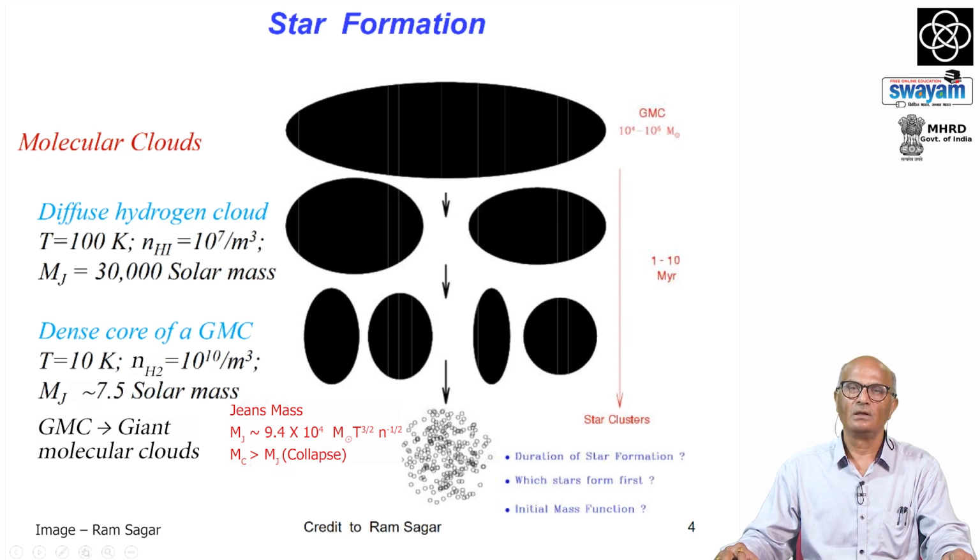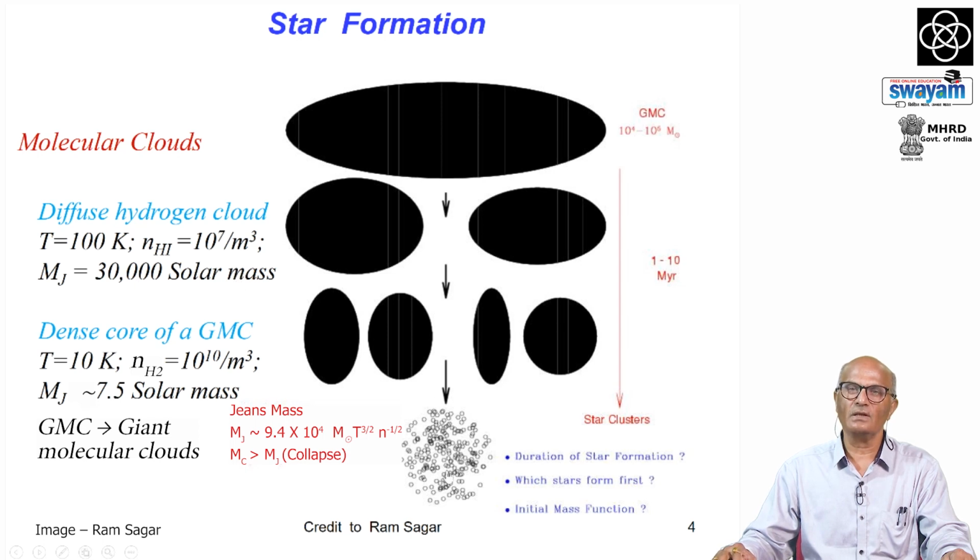As a result, this dependence of the Jeans mass indicates that for a low temperature and high density dense core, the Jeans mass has now reduced to 7.5 solar mass, which was earlier 30,000 solar mass for a diffuse hydrogen cloud of temperature 100 degrees Kelvin and density 10 to the power 7 per cubic meter.